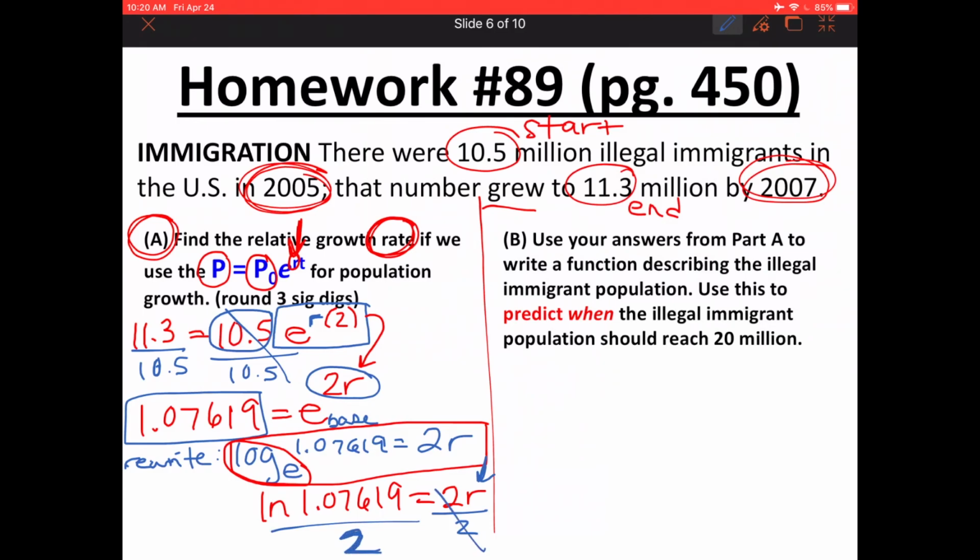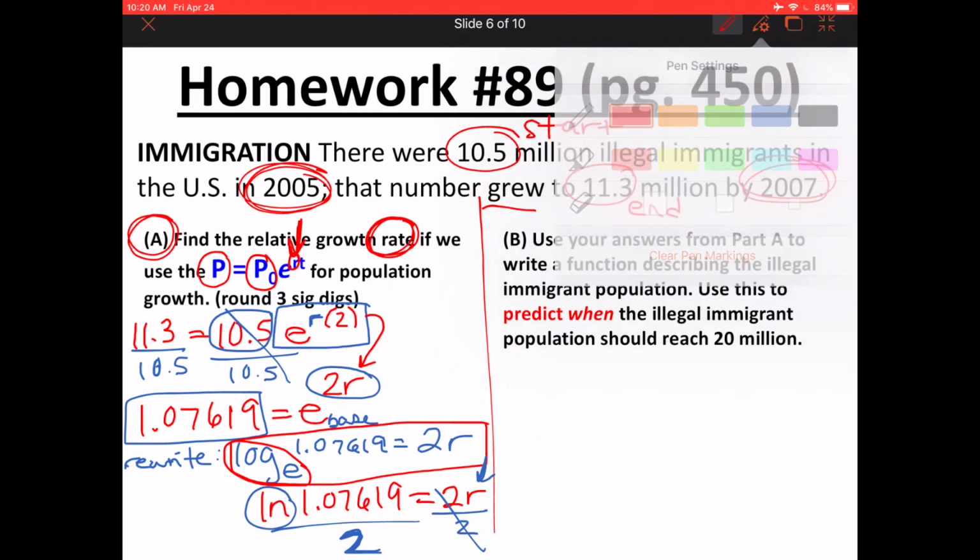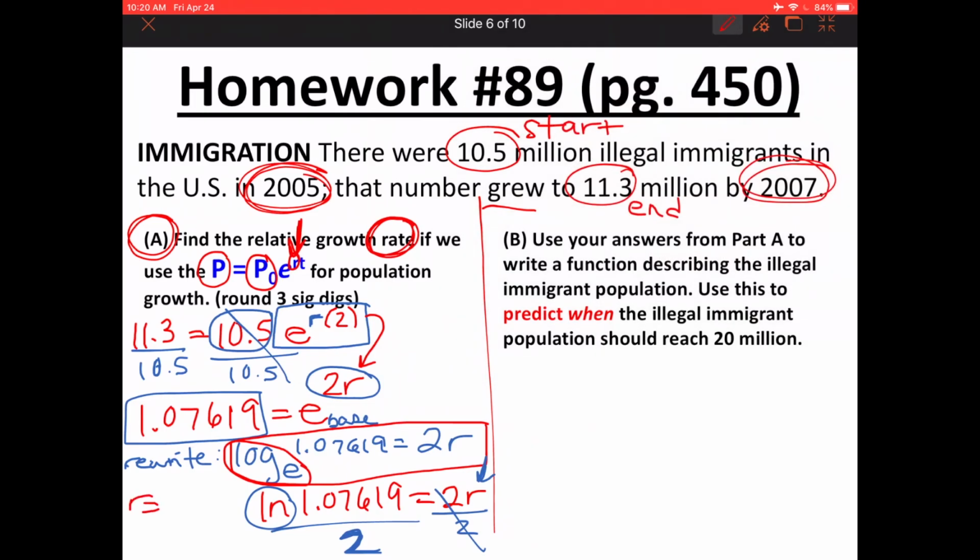And so when I divide ln of 1.07619 by 2, remember that ln button is just to the left of the number 4 on the calculator, okay? And so when I put that into the calculator, I end up with a rate of 0.0367.